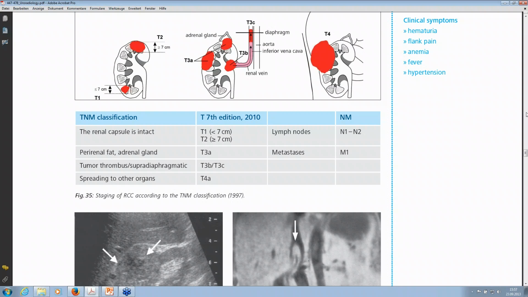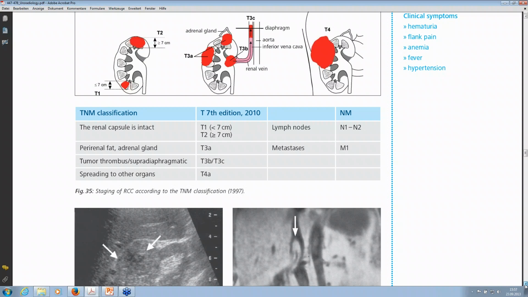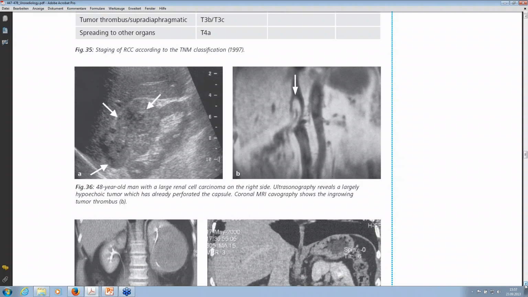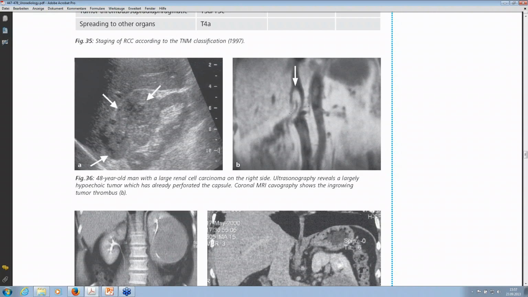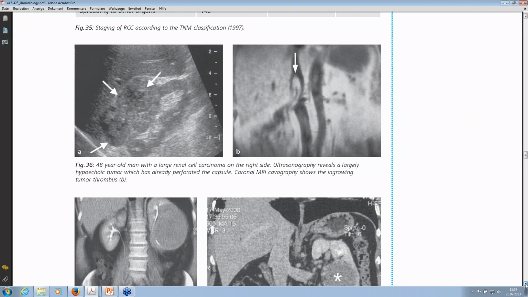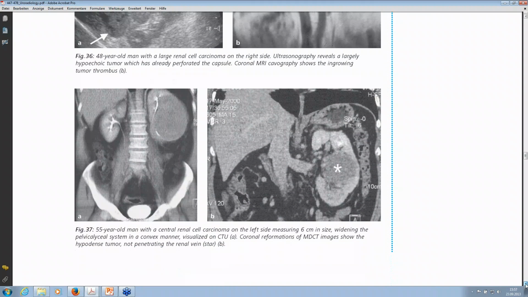As well, it is very important to look whether there is a tumor thrombus or not. Even in sonographic investigations, it's possible to look at the vena cava in the pathway through the liver, and these are sometimes valuable pieces of information before the further workup.